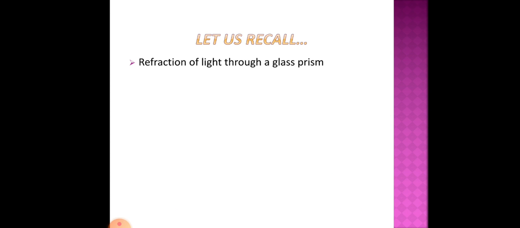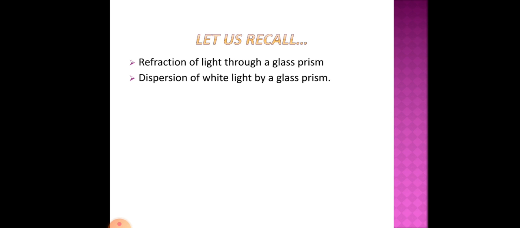Okay, so let us try to recall what we have studied. We discussed refraction of light through a glass prism, how light gets refracted in a glass prism. Then we also discussed dispersion of white light by a glass prism.